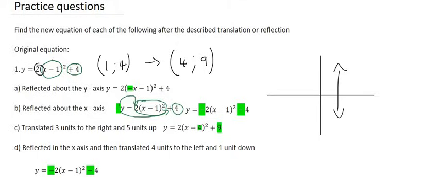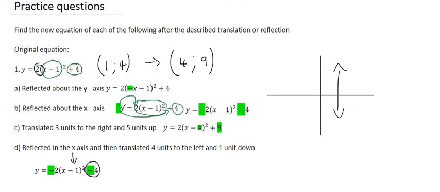So the turning point for this graph at D, as we can see it at the moment, says x minus 1, which means that point is currently 1 unit to the right, and it says minus 4, so that point is currently 4 units down. So if we translate it 4 units to the left, well, where will we end up?